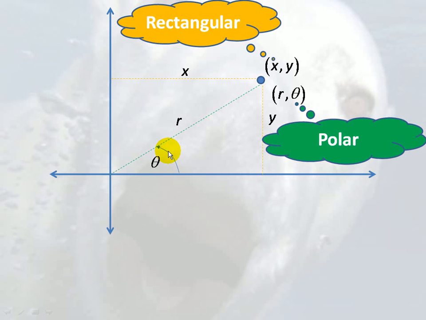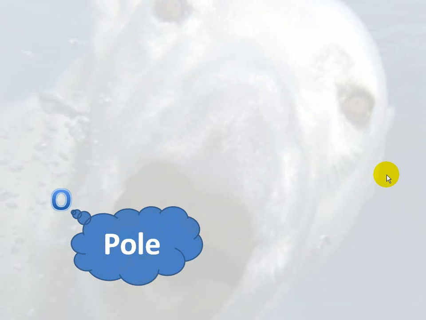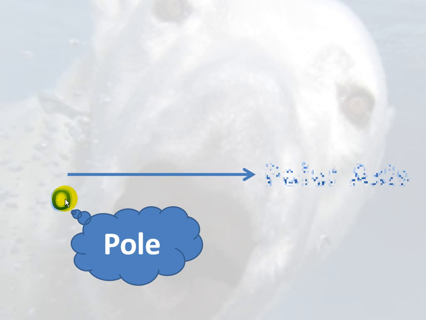Now, let me talk about a few terms that you'll be hearing from time to time. When you want to construct a polar coordinate system, you start off with a fixed point, a pole, or the origin. And from that origin, you draw a ray, and that ray is called the polar axis.